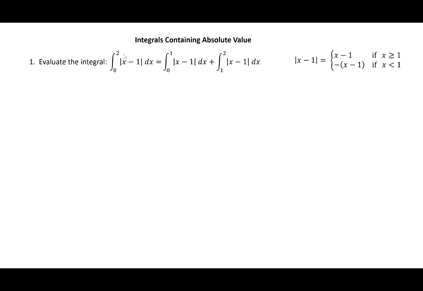That is because this tells us that on the interval 0 to 1, we need to replace the absolute value of x minus 1 with negative of x minus 1. Whereas on the interval 1 to 2, we should replace this with the quantity x minus 1 itself. The moment we do that, we got rid of the absolute value. And now this is a piece of cake to integrate.